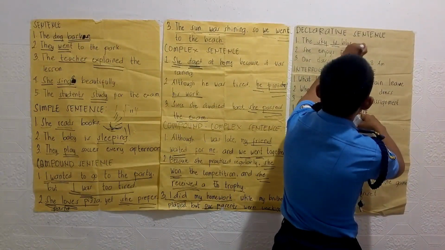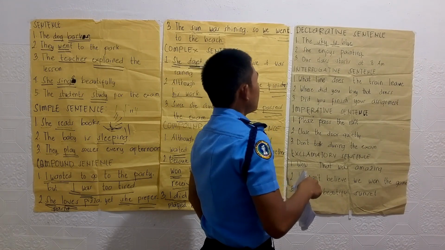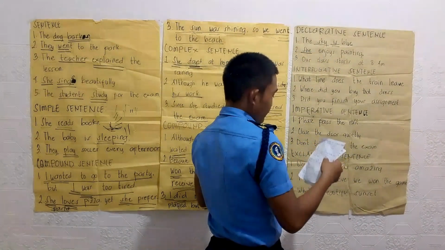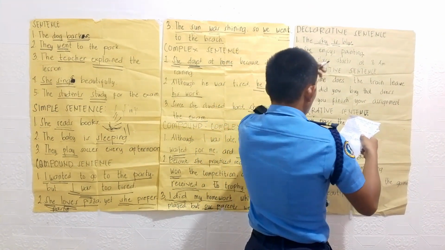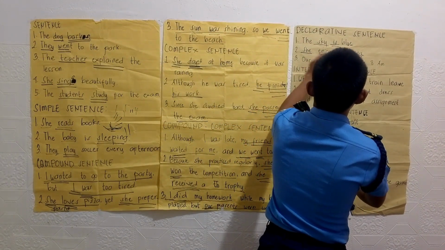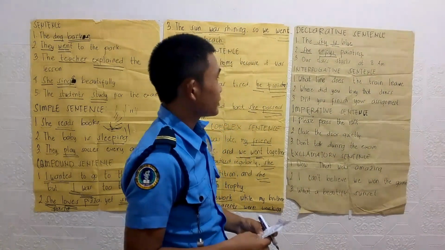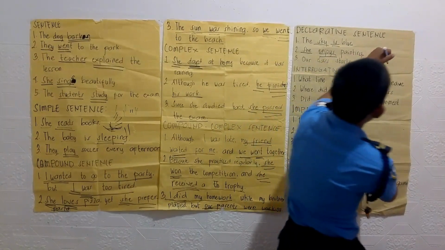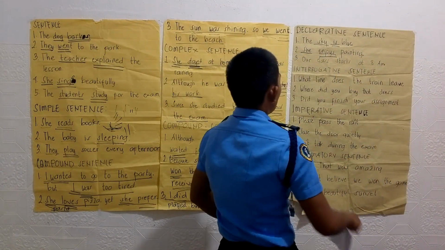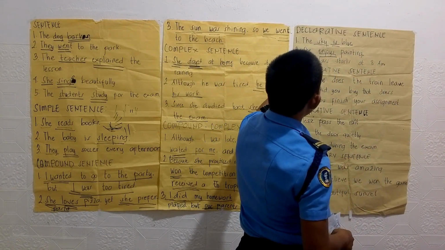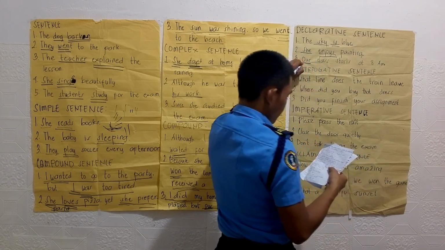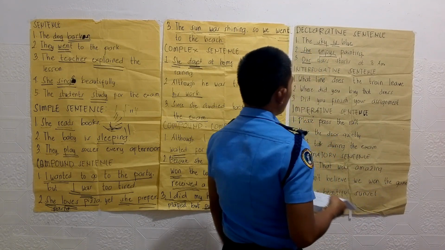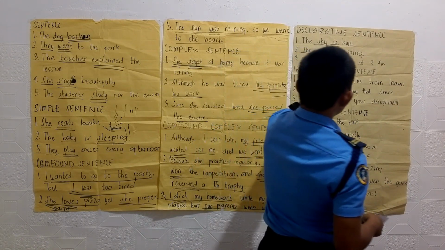So let's put a period. Our subject is she, and our verb is enjoys. Next, our class starts at 8 a.m. So again, let's put a period, and our subject is class, and our verb is starts.